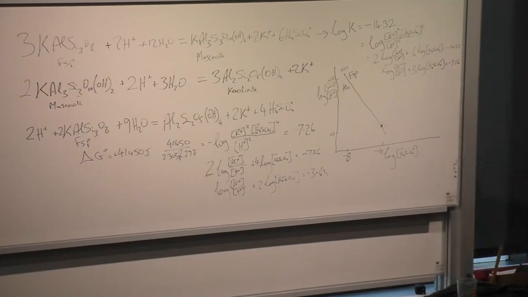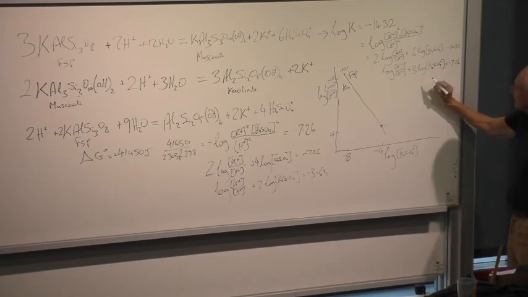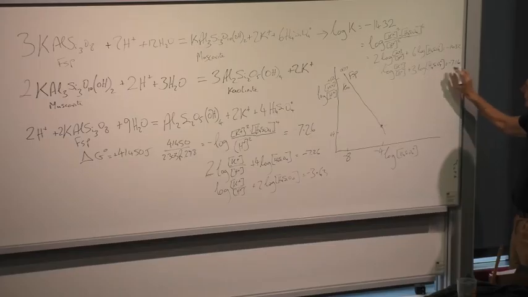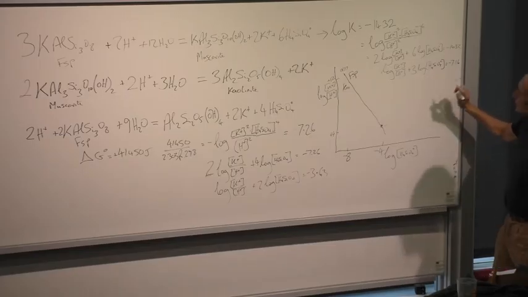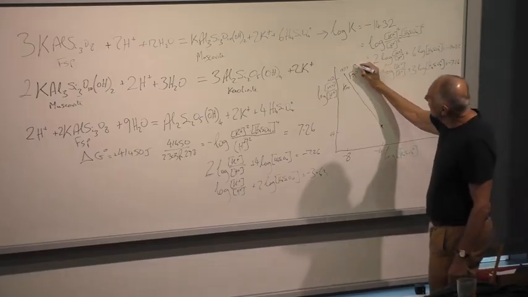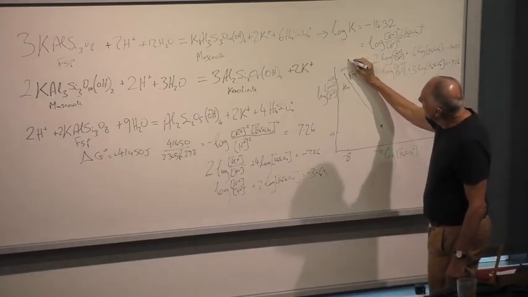So let's do the same again. Let's put in minus 8 for silica. So 3 times minus 8 is minus 24. Put it on that side and we get 16.84. So it's up there somewhere.